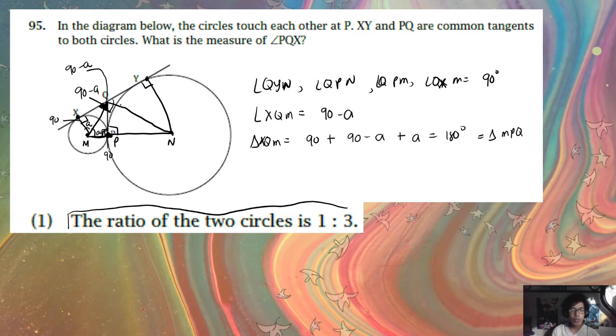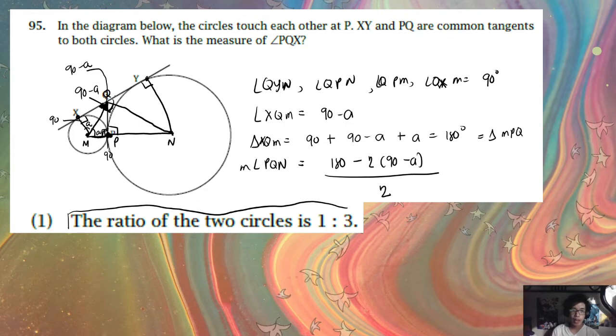Therefore, the measurement of angle PQN, since XY is a straight line, is 180 degrees minus 2 times 90 minus A, all over 2.